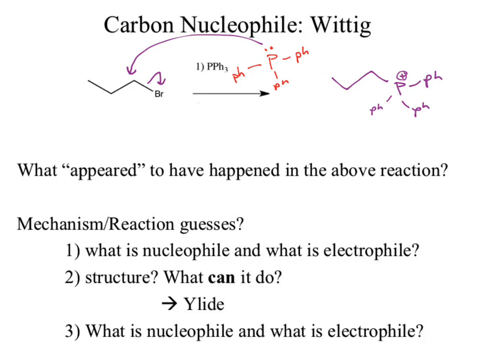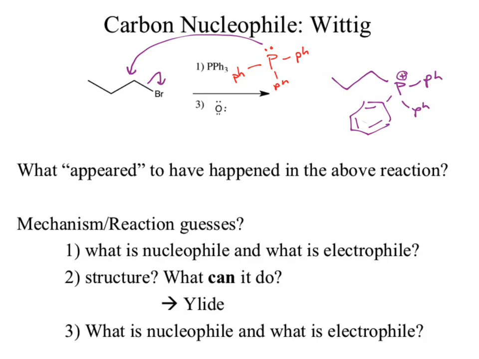Ph is a phenyl ring. Is a phenyl ring going to be willing to just have its electrons ripped away? No. So it can't take them from the phenyls. If it tried to take them from that last carbon bond, then we'd just be right back to where we started. So that doesn't quite work. That phosphorus wants electrons somehow, but it can't get them from the immediate surroundings. So we're kind of stuck there.